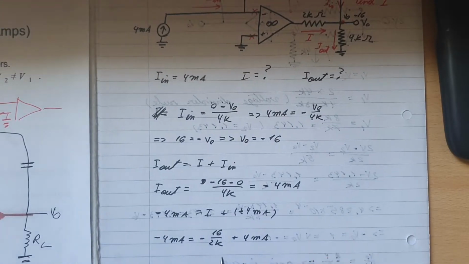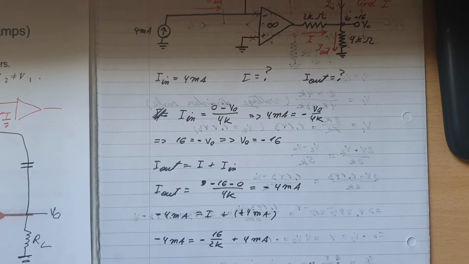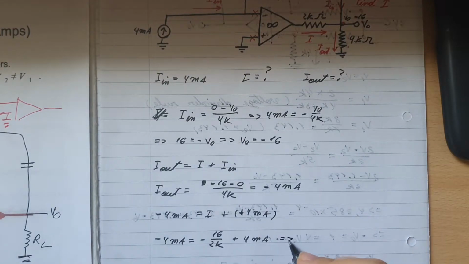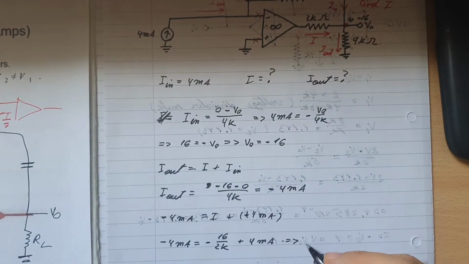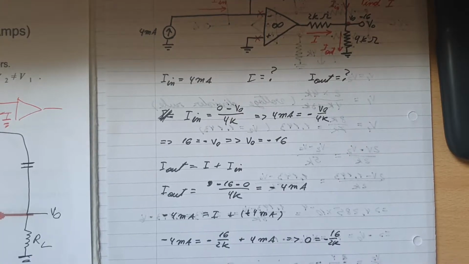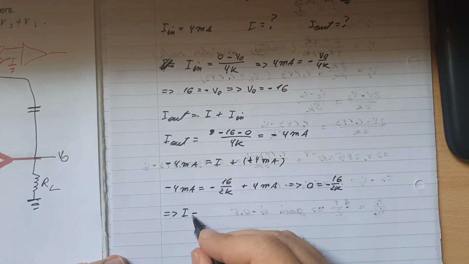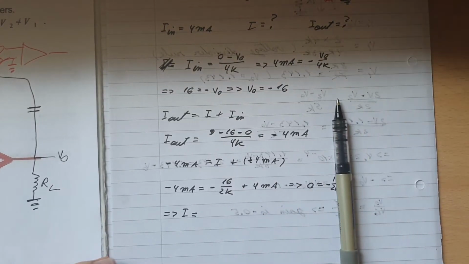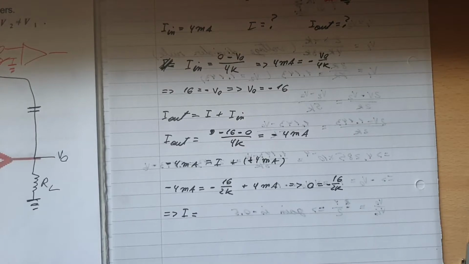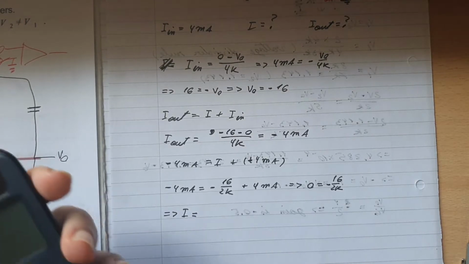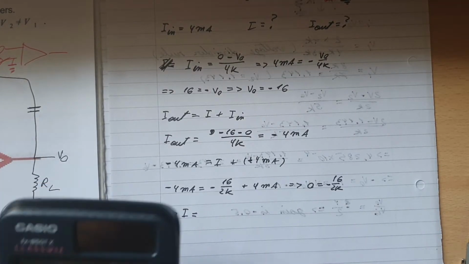Alright, so then we can move it to the other side, so that will be 0 equal with minus 16 over 2k. So I guess I will simply be equal with 16 over 2k. It should give us minus 8 milliamps, and it probably does.